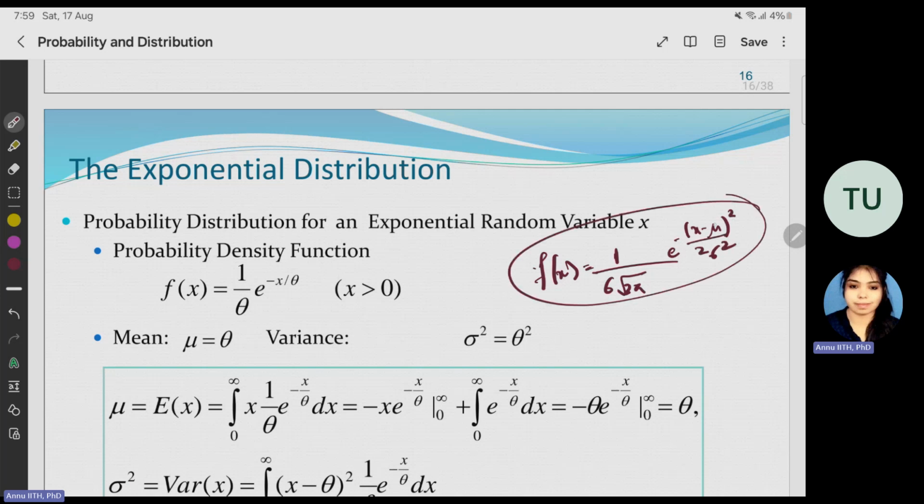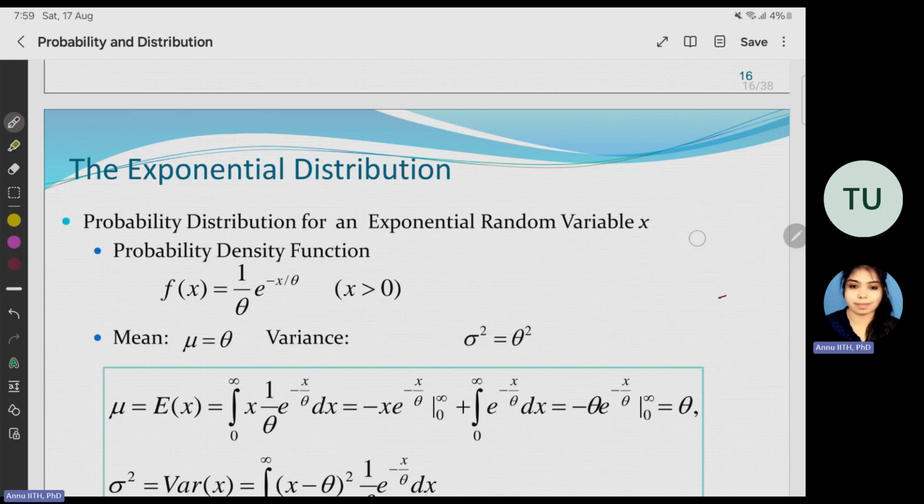Here you have the power in terms of x square, but here you have the power in terms of minus x. But anyway, that won't affect. You can say that the normal distribution is one of the exponential distributions.